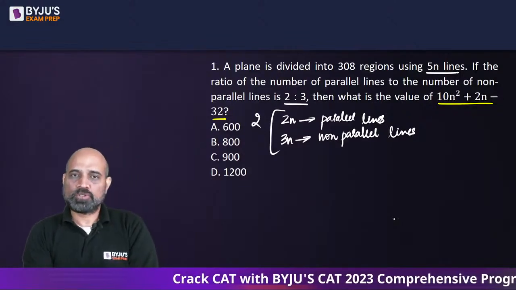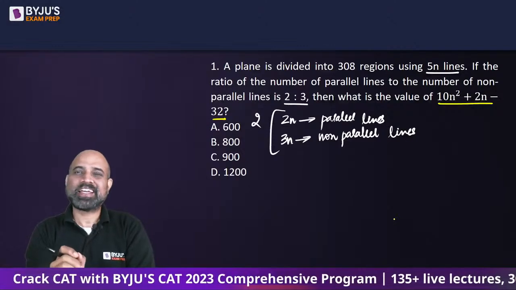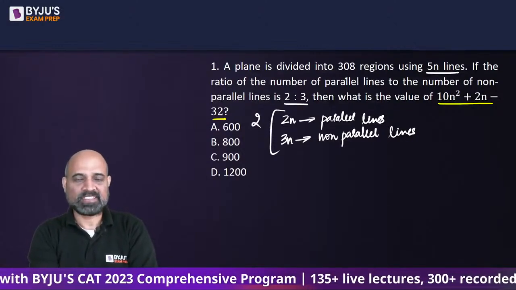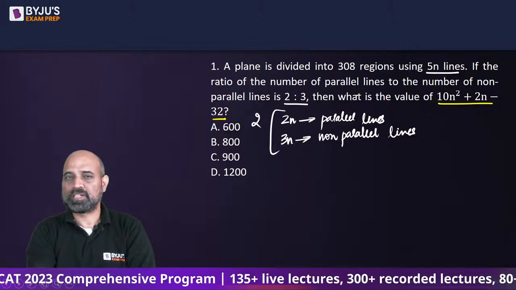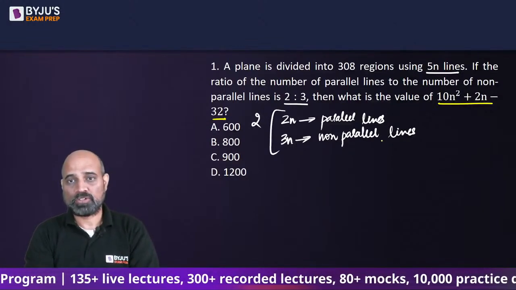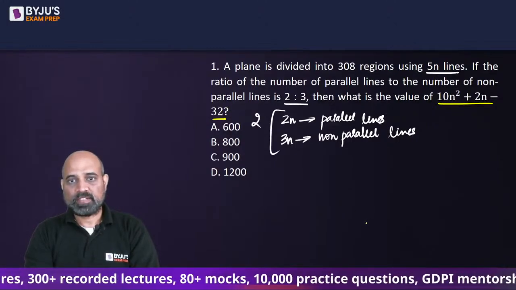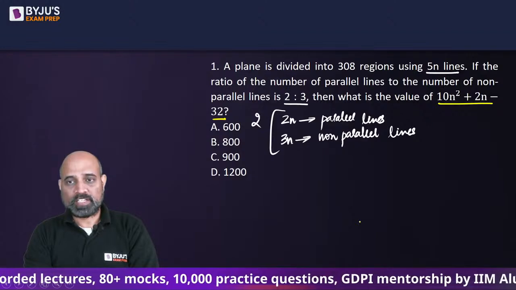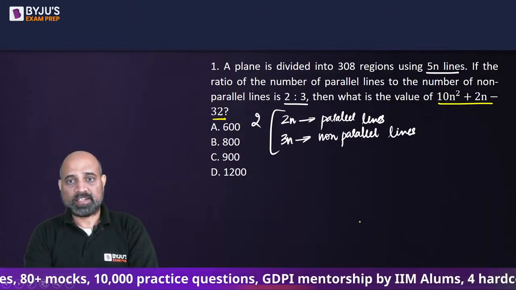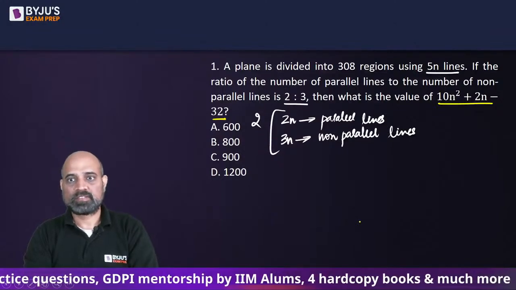We will only solve those questions first. We'll come back to this question. We'll only solve those questions first which will take less time, because it doesn't say maximum 308, minimum 308. It simply says 308. So we have to check cases, depending upon how those lines are divided. The point of intersection of those 3n lines, is it between the parallel lines or is it above the parallel lines, right?